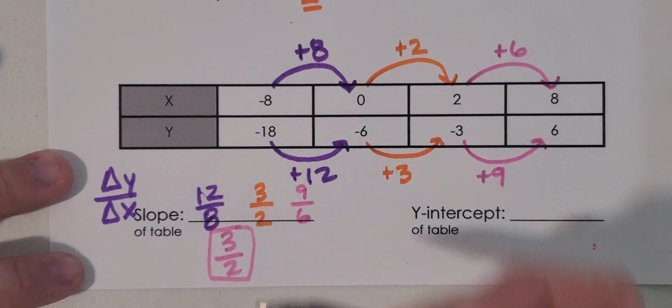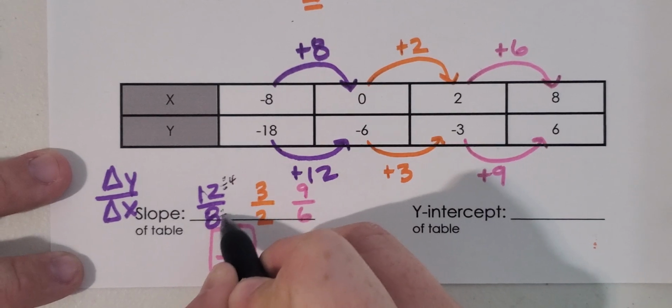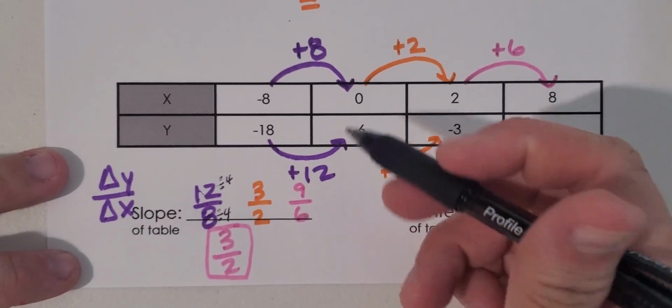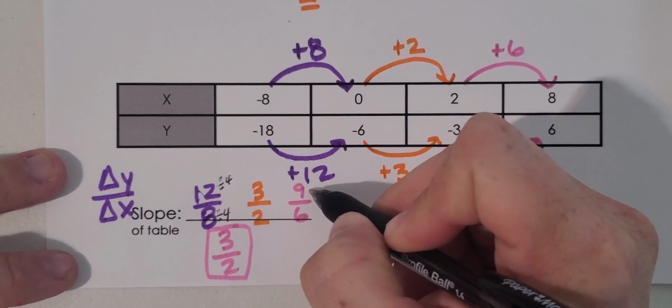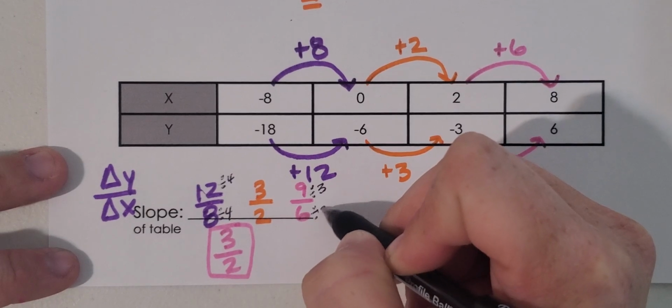I could take 12 divided by 4 and get 3, and 8 divided by 4 and get 2. 3/2 I can't simplify any more. And for this fraction, I can divide both numbers by 3 to get my 3/2.